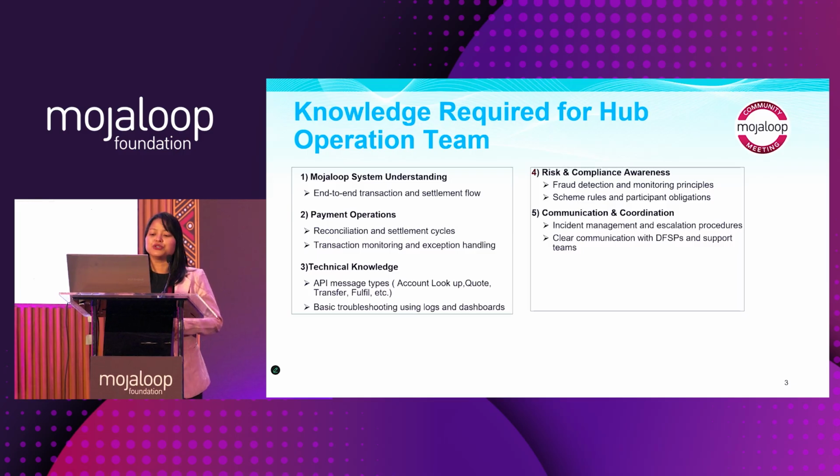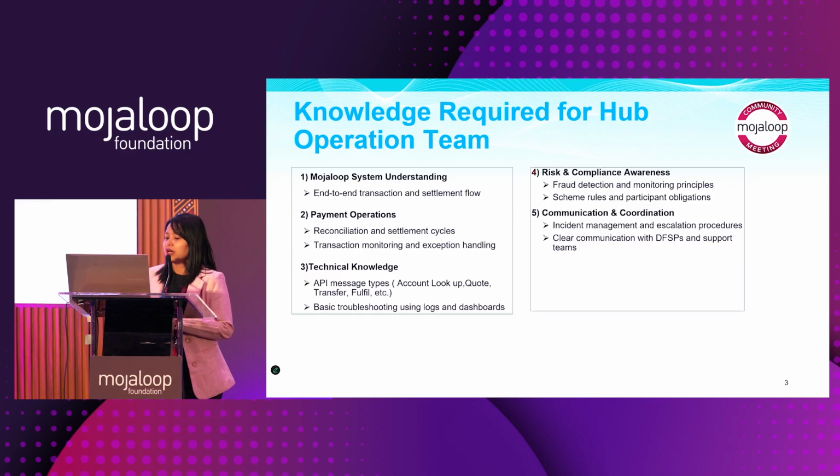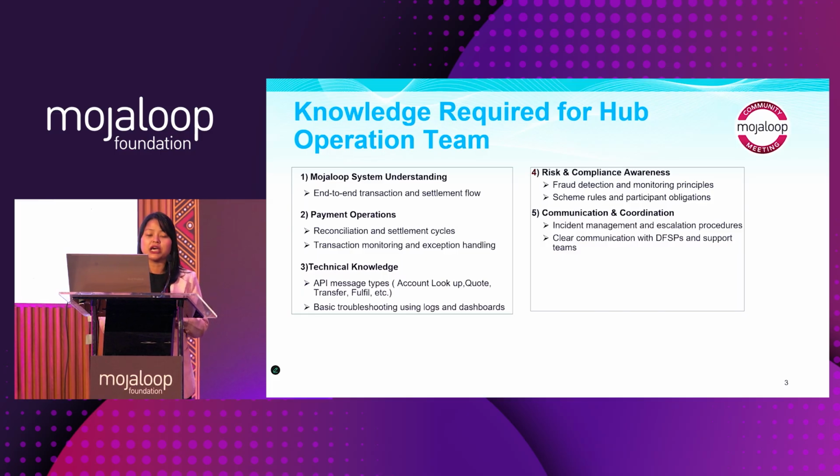And also they need to learn how to settle the transactions, how to perform the settlement process based on the settlement model, such as the finance model, and how to reconcile the transactions. The hub operation team also needs to understand the three phases of Mojaloop, such as the account lookup phase, quote phase, and transfer phase.